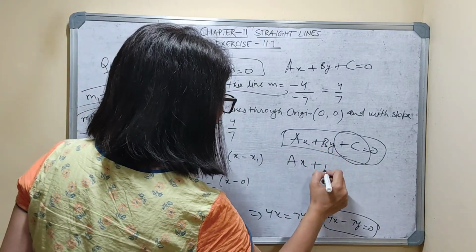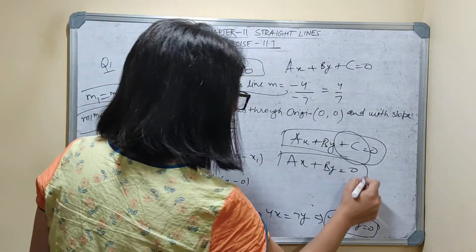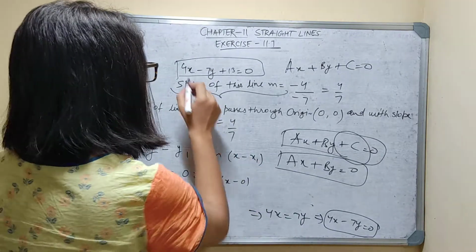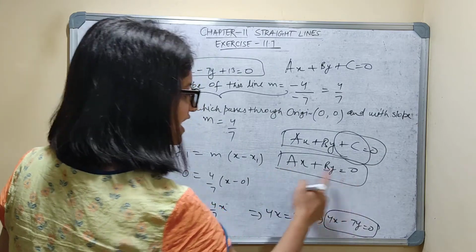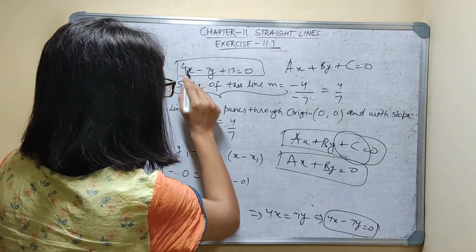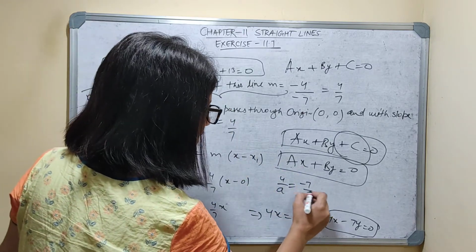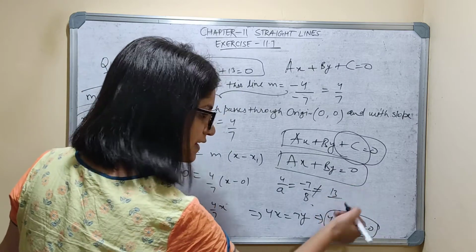So it will be ax plus by is equal to 0. And if lines are parallel, then a1 upon a2 means 4 upon a is equal to minus 7 upon b, not equal to 13 upon, here nothing is there, so 0.